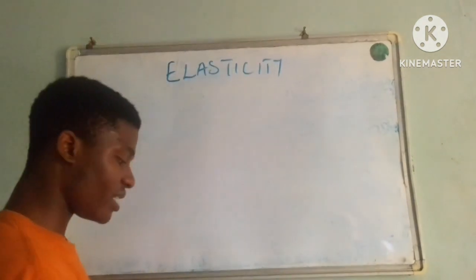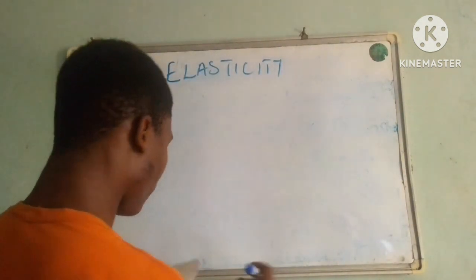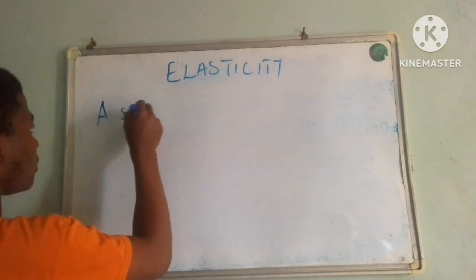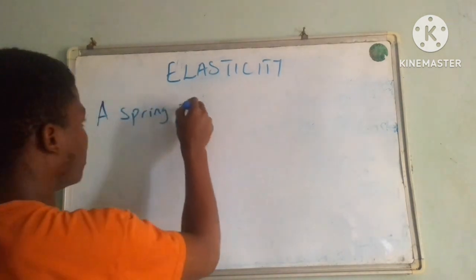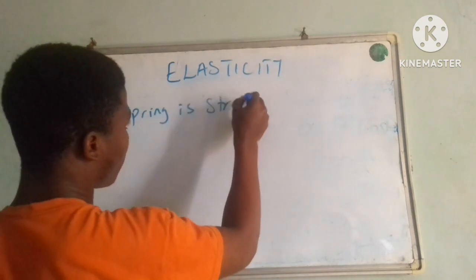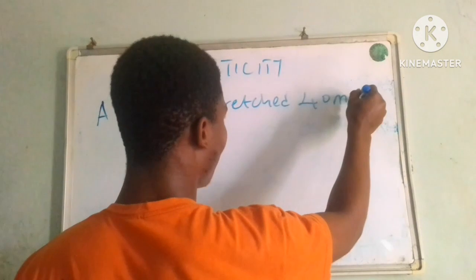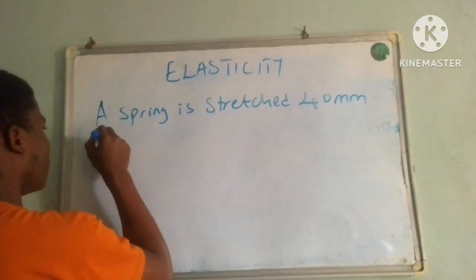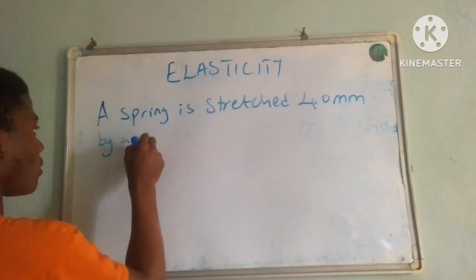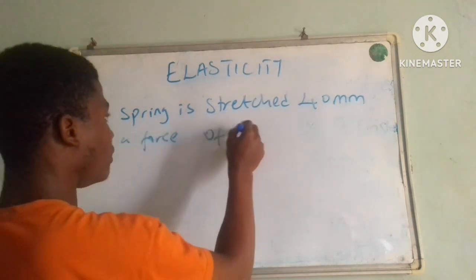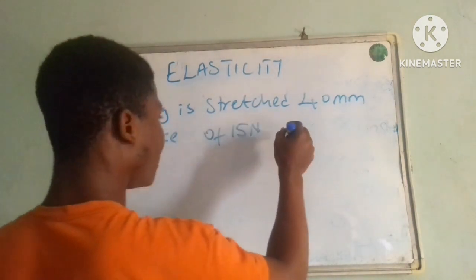It says a spring is stretched 40 millimeter by a force of 15 Newton.